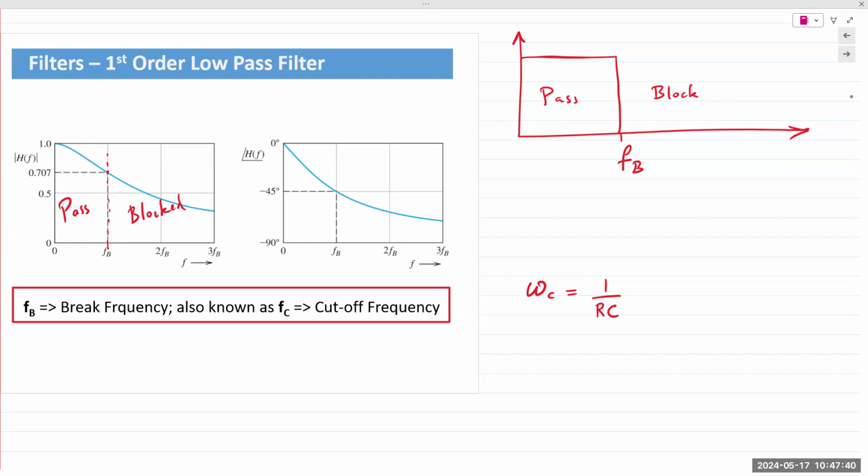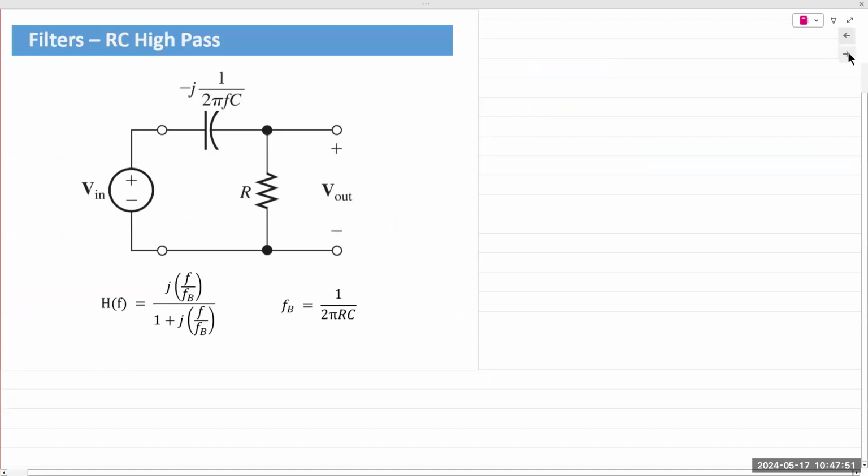Now, instead of taking the output across the capacitor, what if we take the output across the resistor? In that case, you obtain a high pass filter. Circuit is exactly the same. It's not changed, except the output is now across the resistor.